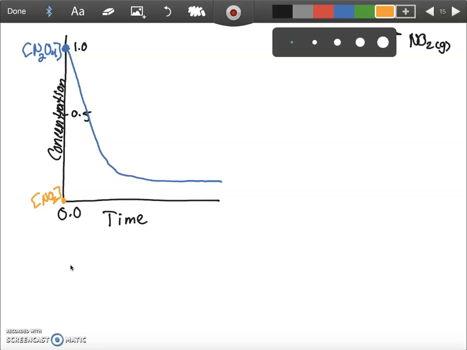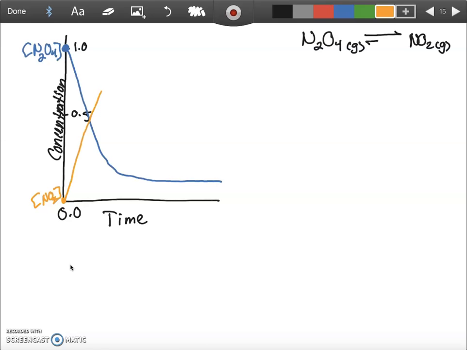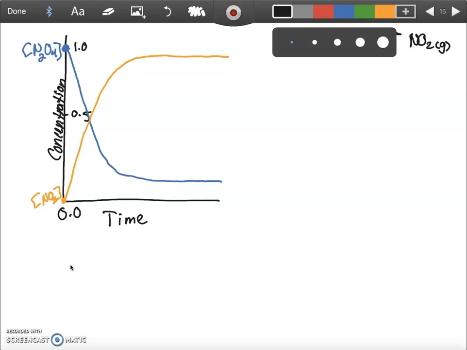Conversely, because we're forming a lot of product, we're going to see a huge spike in the amount of product being formed. And again, they always level out because that's when equilibrium is reached. And at the point where the lines stop changing or the slopes stop changing is equilibrium.